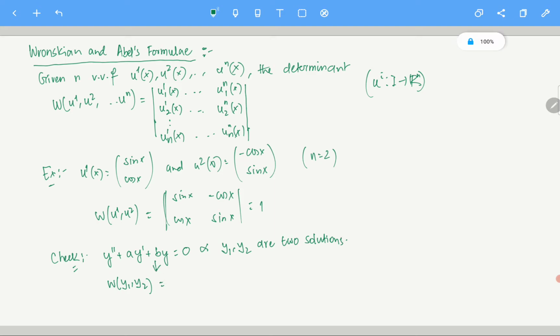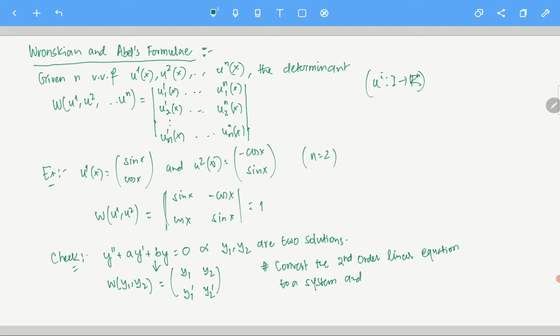I am quite sure you already know what that is: it is y1, y1 prime and y2, y2 prime. Now, how is this different from what we did for the case of a system? What I want you to check is this: convert the second order linear equation to a system.